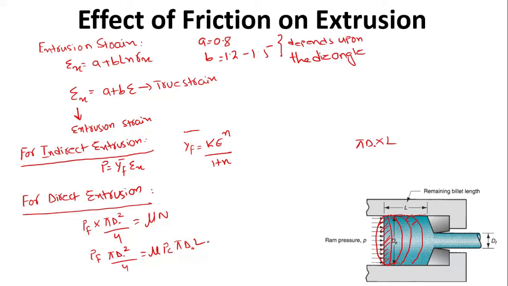So this is the friction that is present at the container and the billet interface, and to overcome this friction we are exerting this pressure, right? That is the PF into this much.